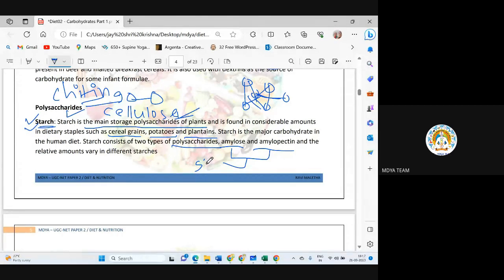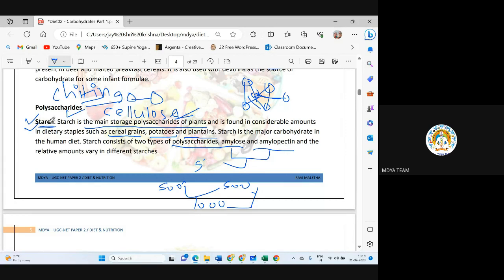Yeah, the main point is, if we go through the definition of polysaccharide, what is the definition? Multiple monosaccharides, yeah, hundreds of monosaccharides. So whether it is 500 or two 500s join to form 1000, it will always be considered a polysaccharide. So starch itself is a polysaccharide. It contains two other polysaccharides, amylose and amylopectin.